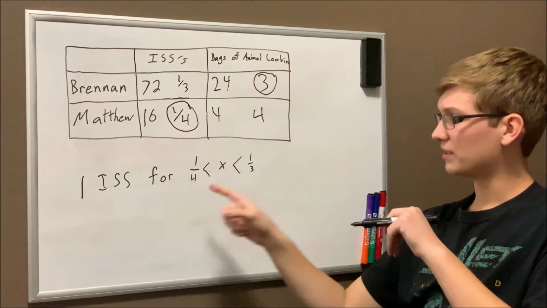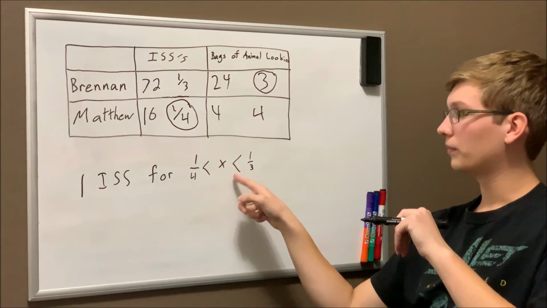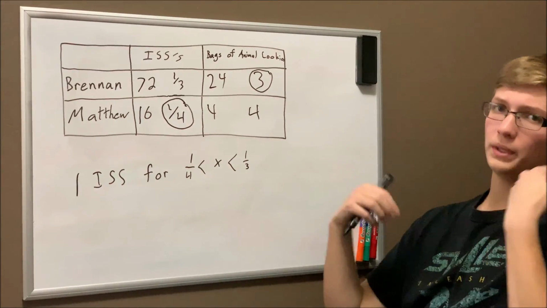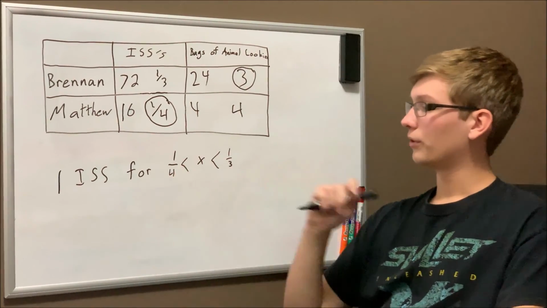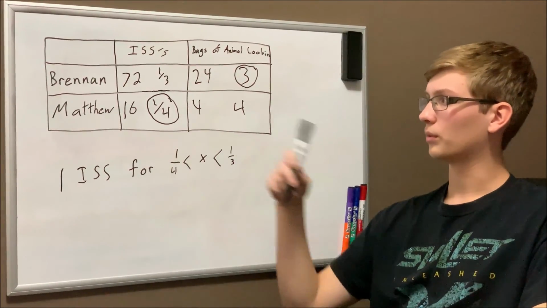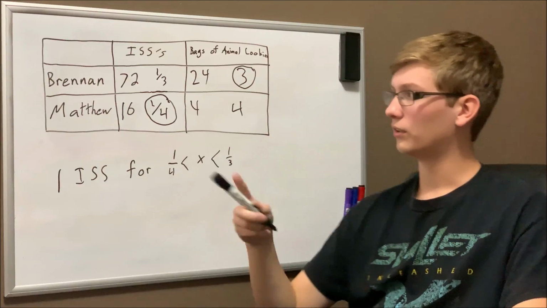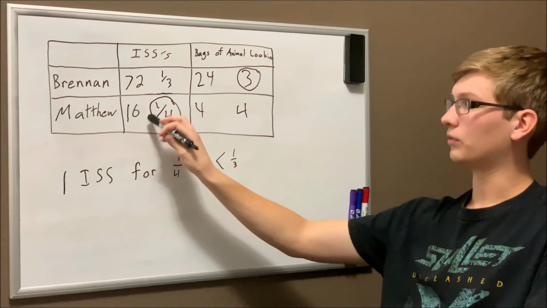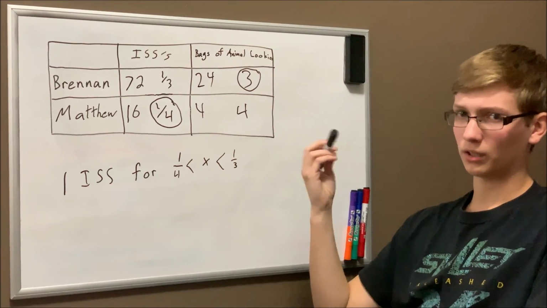And what's important to note is it's not greater than or equal to, it is just greater than and less than. There's no equals, because if it equaled 1/4, like if I only traded a fourth of a bag of cookies, well, what's the point, right? Because he's only going to get a fourth of a bag of cookies if he makes it on his own.